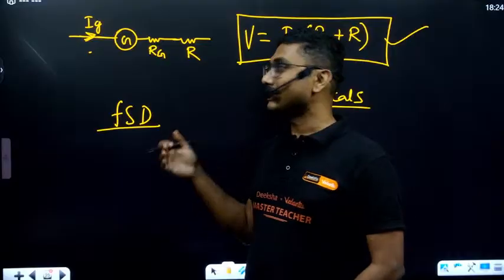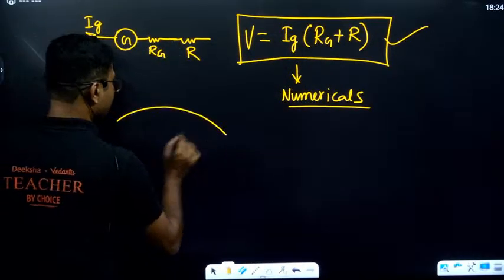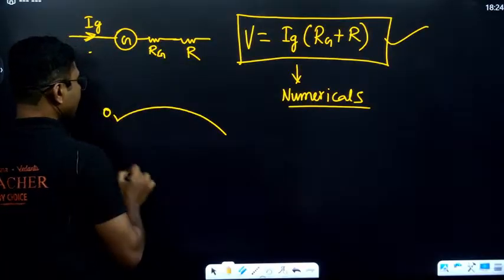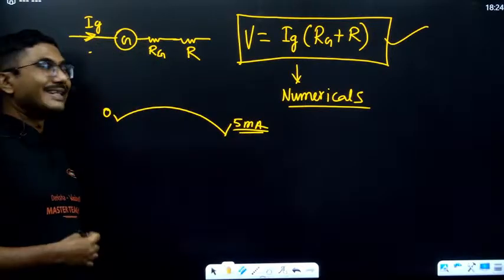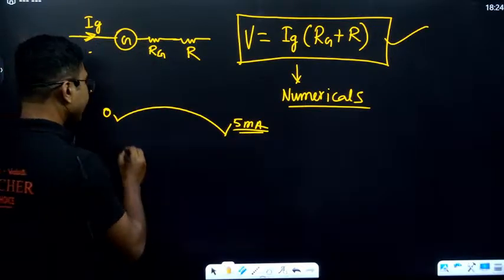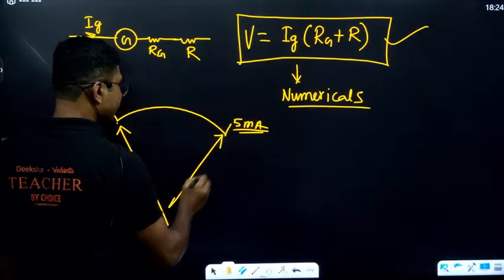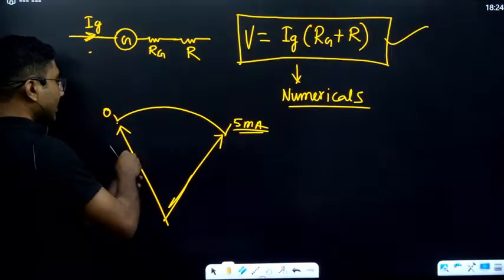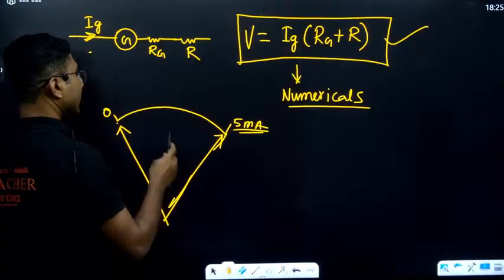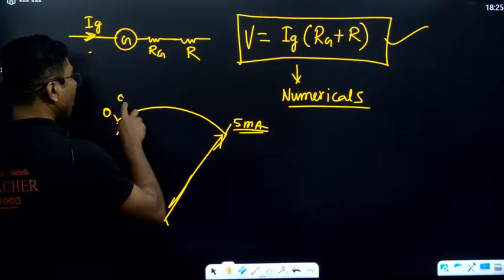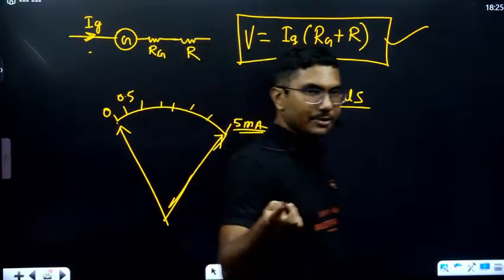So basically this is the maximum value of current that can pass through the galvanometer. In practical cases, suppose I am using a 5 milliampere galvanometer. It can measure anything starting from 0 to 5 milliamperes. When you are measuring this much current, that is called full scale deflection. This is a very interesting term that many students do not know. Full scale deflection means starting from zero, the needle moves to the maximum possible position. Anything between, say, 0, 0.5, 1, 2, 3, 4, 5, it can measure all these in-between values also, right?